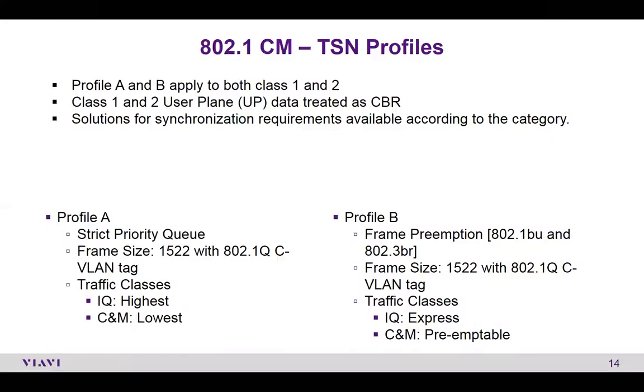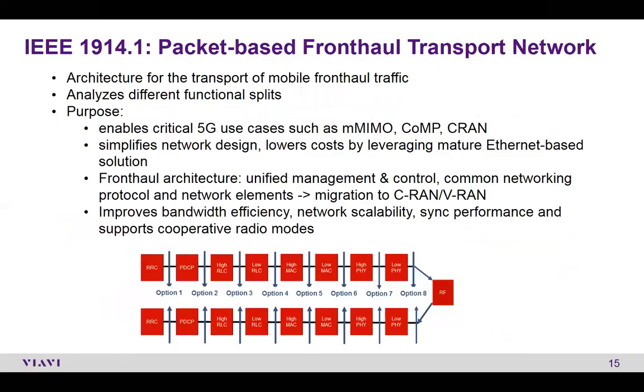Now we get to another standard that talks about some of the options. IEEE 1914.1 was formed several years ago as well, and basically looks at a packet-based fronthaul transport network.